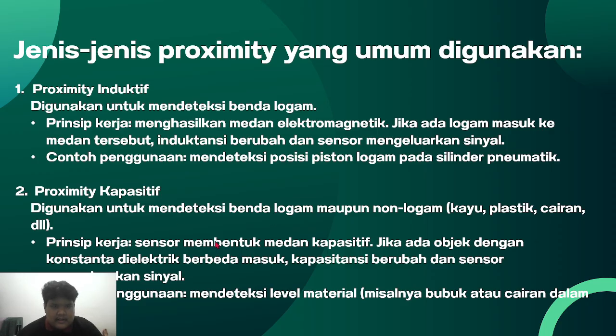The working principle is that the sensor creates a capacitive field, and if an object with a different dielectric constant enters the field, the capacitance changes and the sensor outputs a signal. An example is detecting material level, for example powder or liquid in a container.